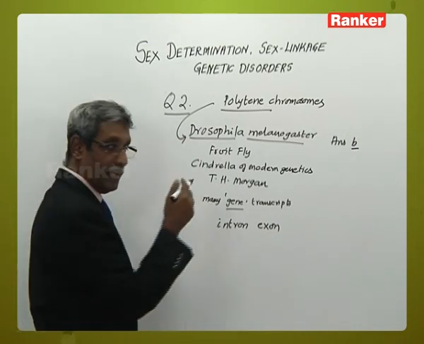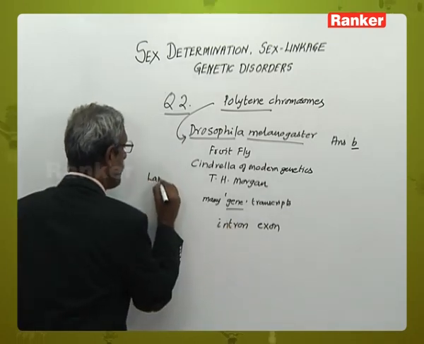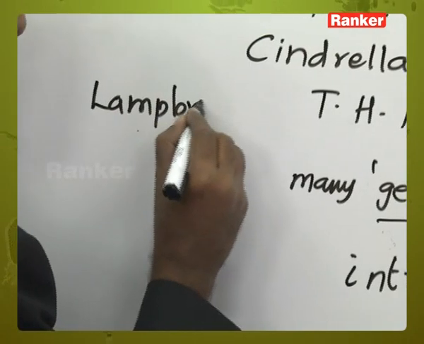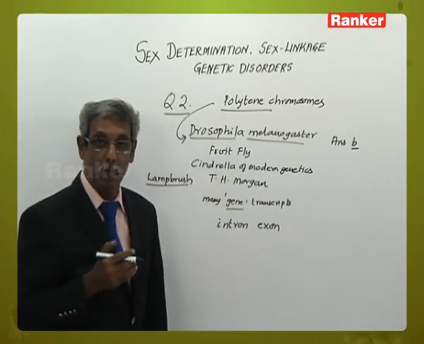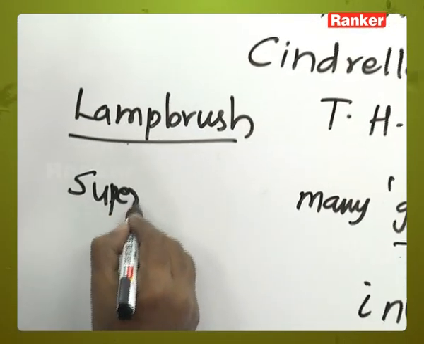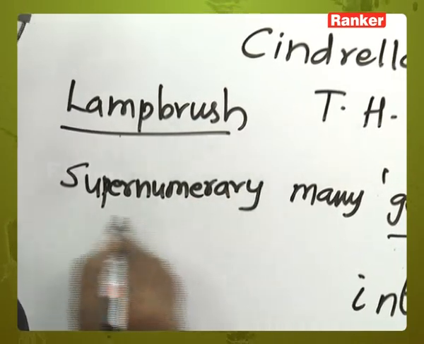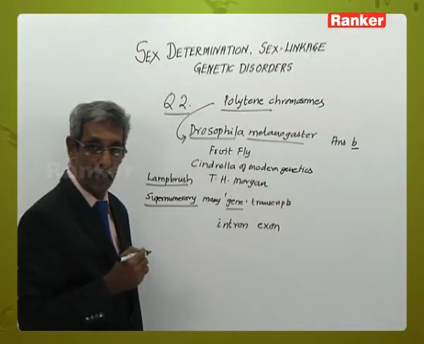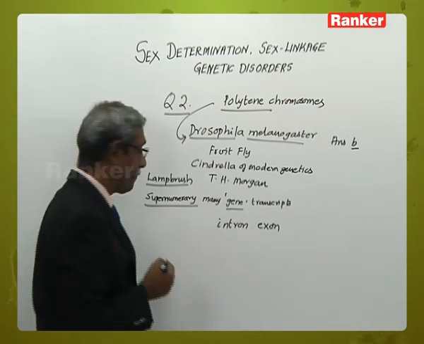The other choices are lampbrush chromosomes. Lampbrush chromosomes are common in the case of amphibian oocytes, and similarly we have supernumerary, that is extra chromosomes which are present in some of the insecta.